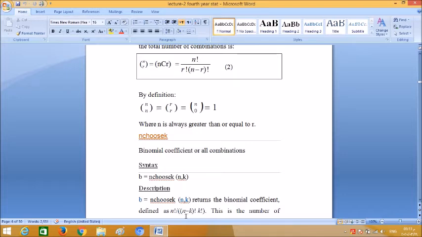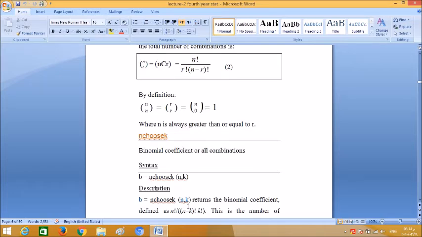Just here we replaced R by K. We replaced R by K. Okay? So by hand we know that the computation of combination equal N factorial divided by R factorial multiplied by N minus R factorial.